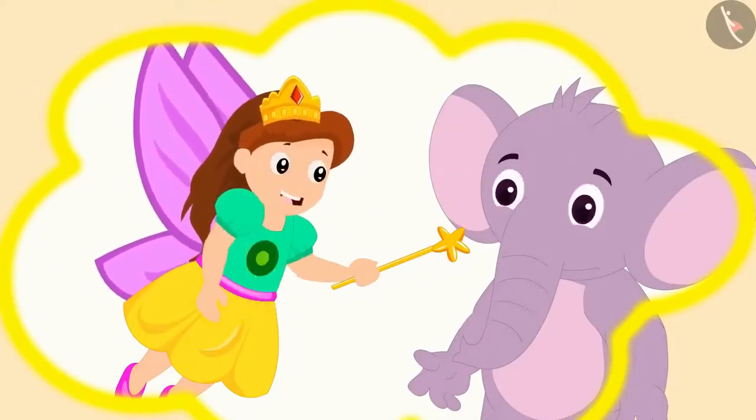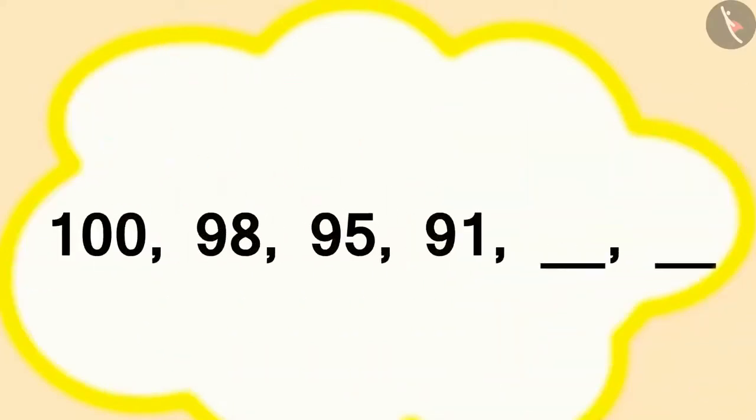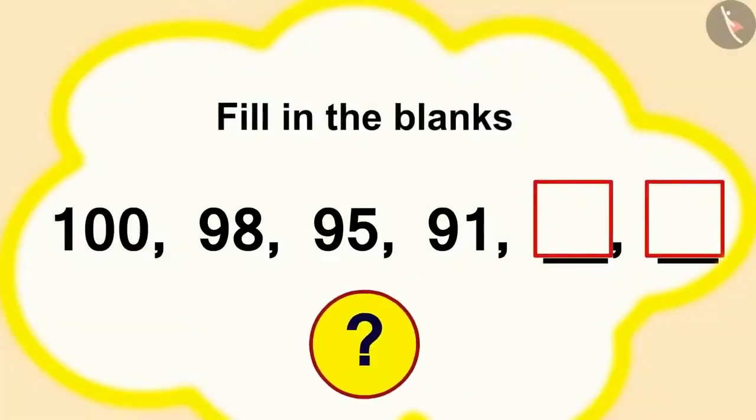Now, all you have to do is fill in the blanks of this number pattern, and then that gift will be yours. Children, can you help Appu fill in the blanks of this number pattern? If you want, you can stop the video and find the answer.